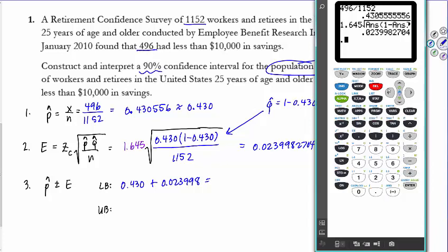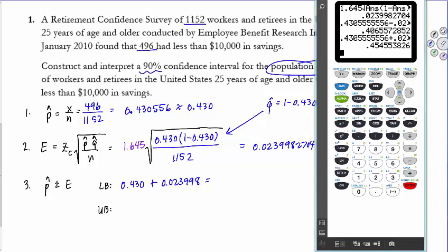We could even go back up here and grab that whole answer, subtract this margin of error, and then do it again, but change it to plus. I mistakenly wrote a plus here for the lower bound. Make sure that you have minus for the lower bound, of course, and 0.430 plus 0.023998 for the upper bound.